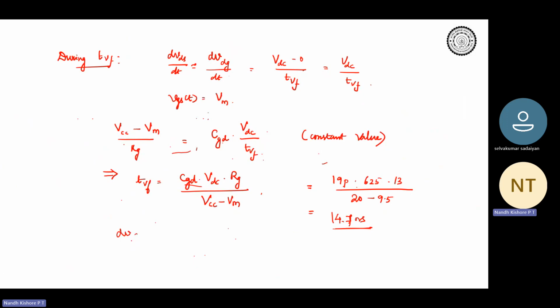They have asked what is dV by dt. So dV by dt is VDC by TVF. So 625 by 14.7 nano, so around 42.5 volts per nanosecond, or people say it in kilovolts per microsecond.